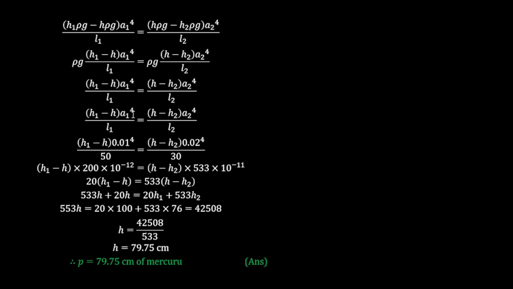So all the quantities are given. The radius A1 of the tube A is 0.01, the radius A2 of the tube B is 0.02, and then we do some calculation. After simple algebraic rearrangement, we finally get this equation.